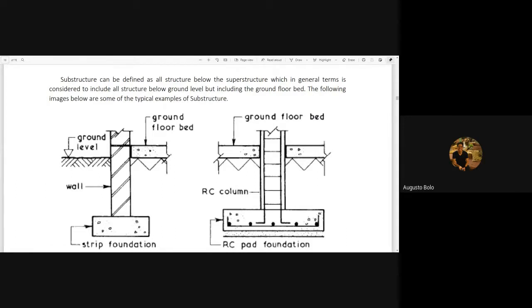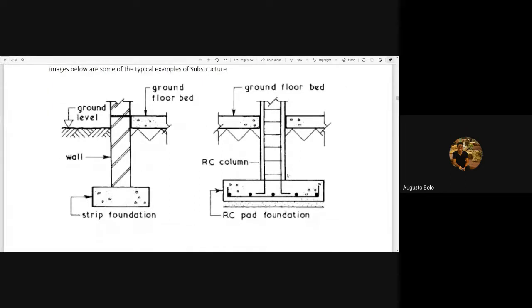So, part of the substructures are foundation, footing. We also have halimbawa retaining wall below or beneath the ground level, columns that are part of the foundation and footing system.